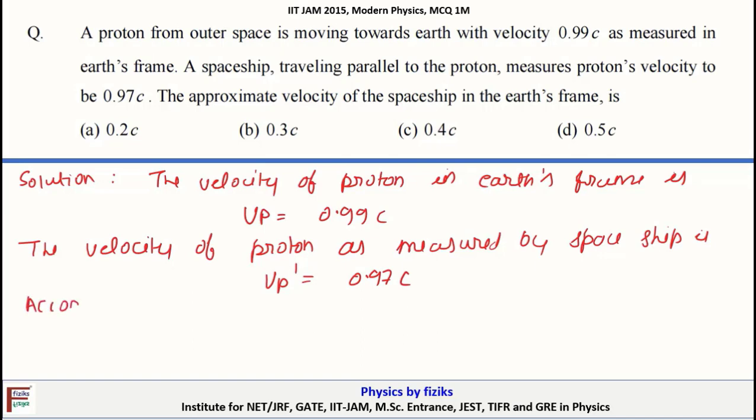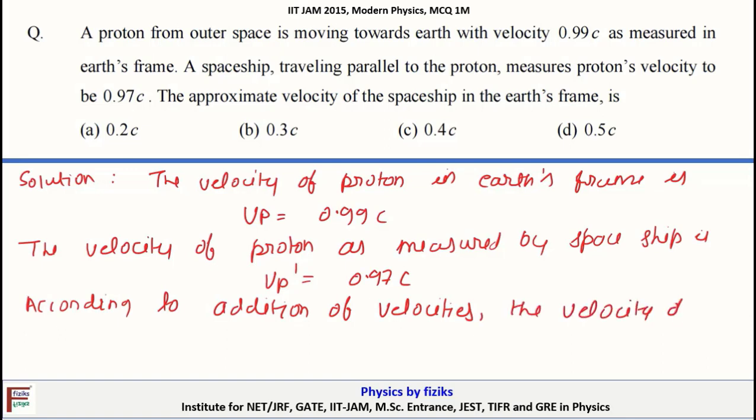According to the addition of velocity, the velocity of the proton in the Earth frame is Vp equals (Vp dash plus V) divided by (1 plus Vp dash V by c square).